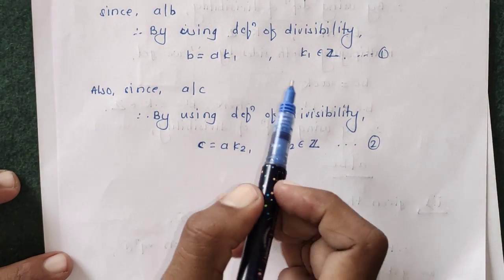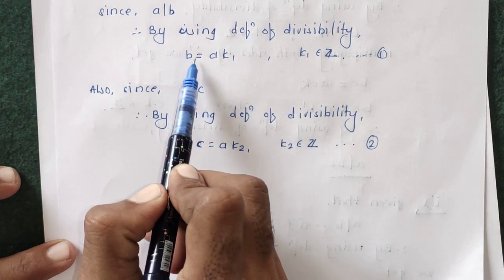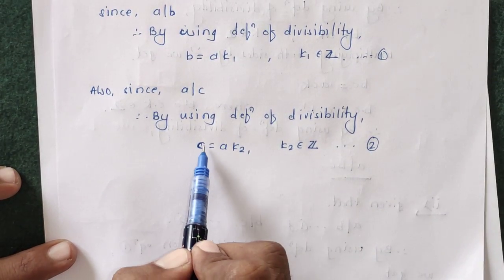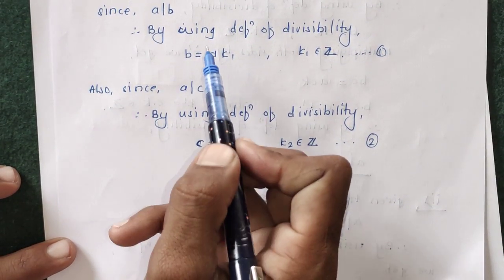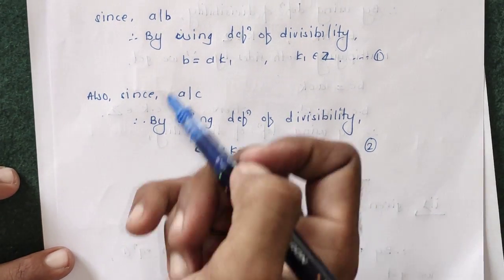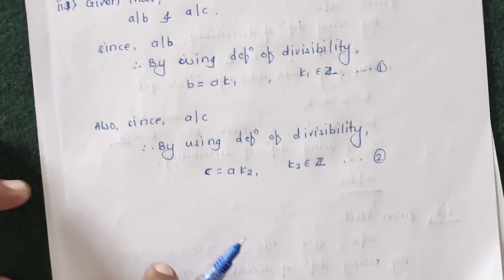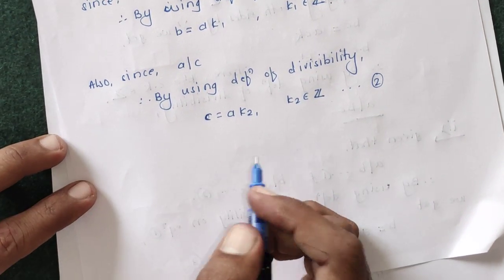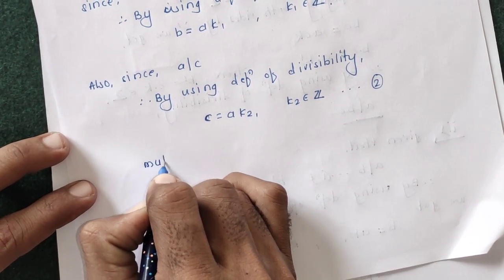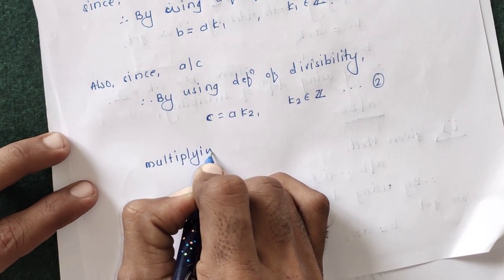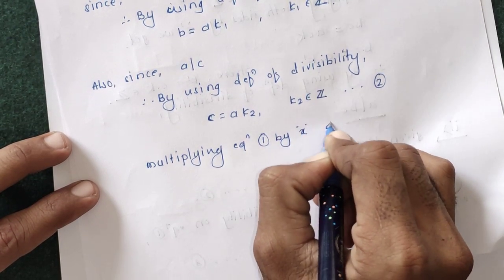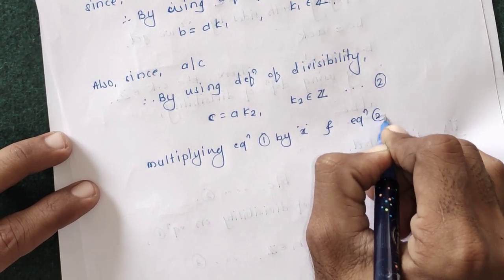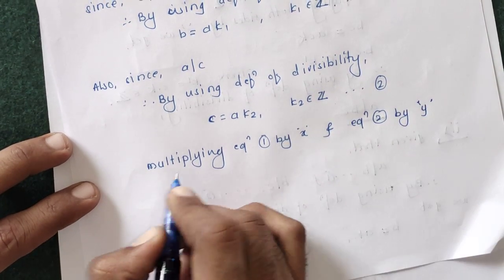So multiplying equation 1 by x and equation 2 by y, we get Bx equals something and Cy equals something. First of all, multiply equation 1 by x.